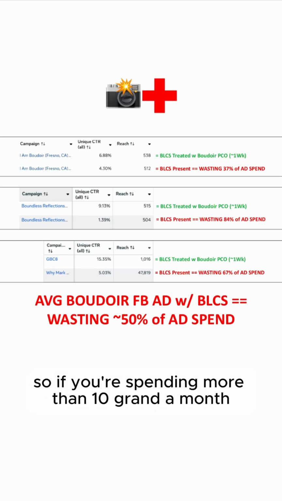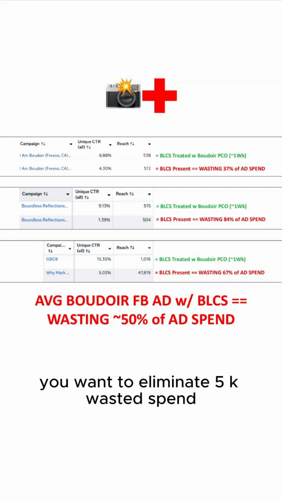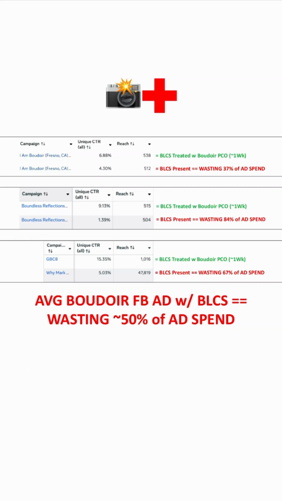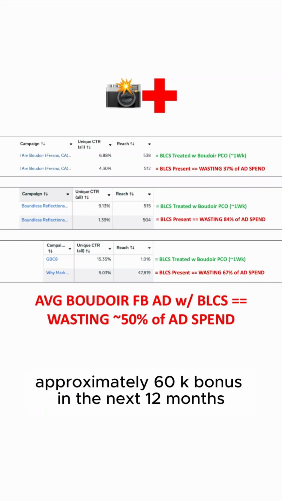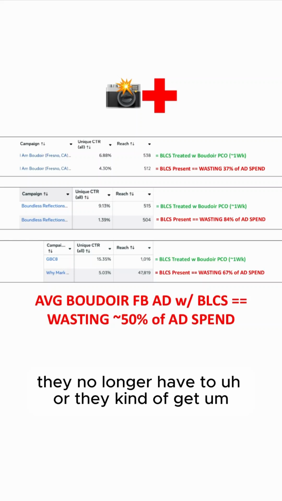So if you're spending more than 10 grand a month, you want to eliminate 5K wasted spend, put it back in your pocket, not have to waste it, and have approximately a 60K bonus in the next 12 months.